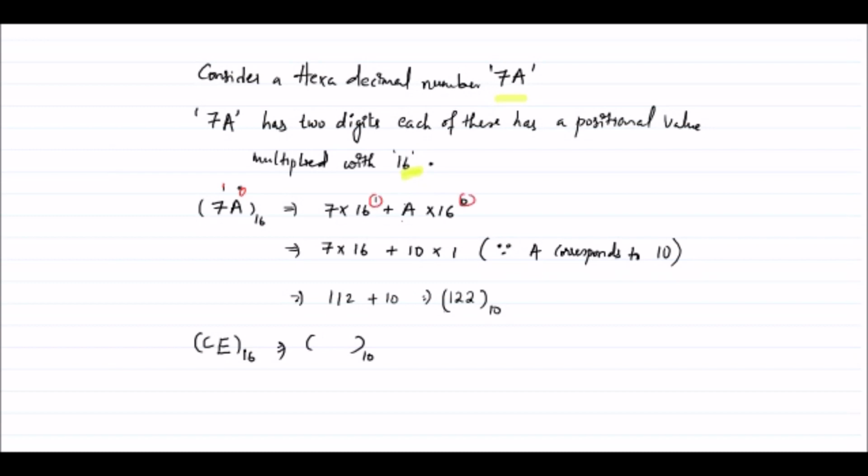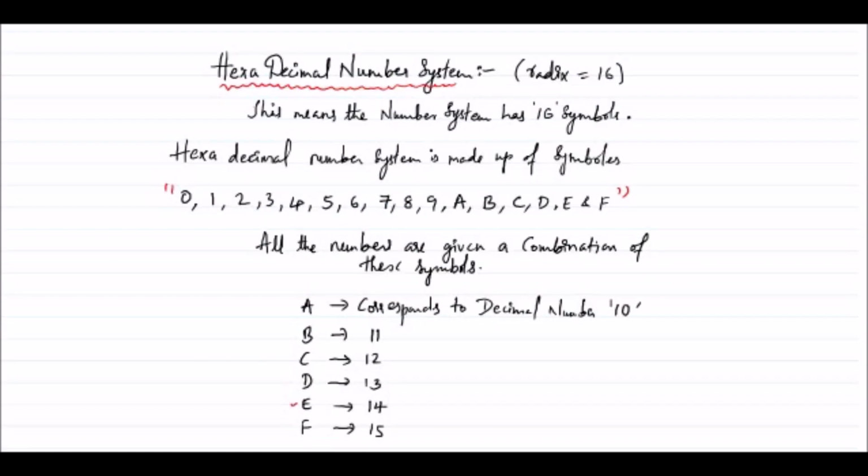So 7 into 16 power 1, and A into 16 power 0. The decimal equivalent value of A is 10. So 7 16s are 112, plus 10 is equal to 122, which is the decimal equivalent value of 7A.